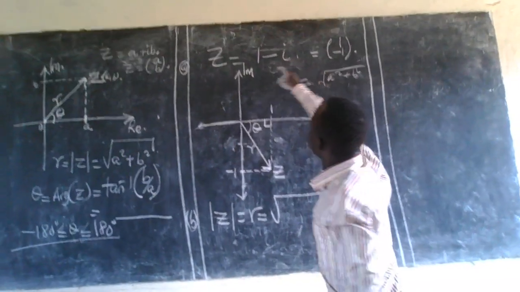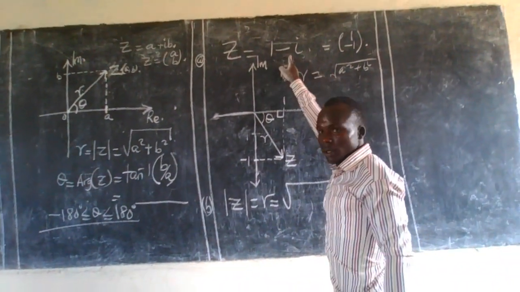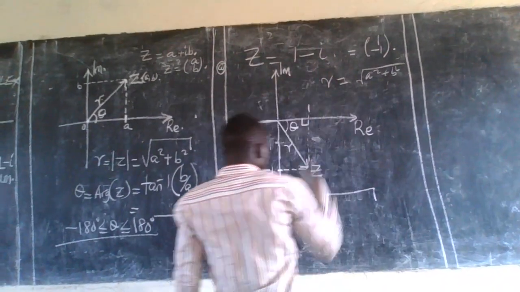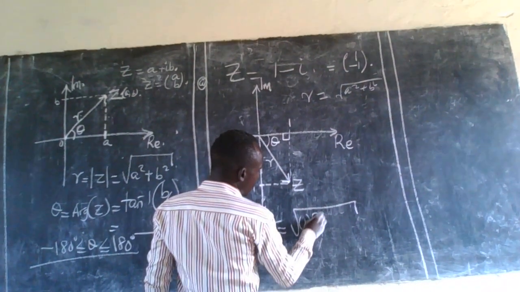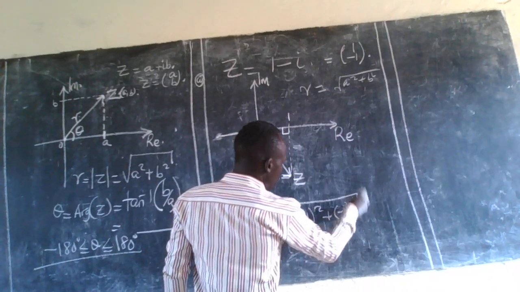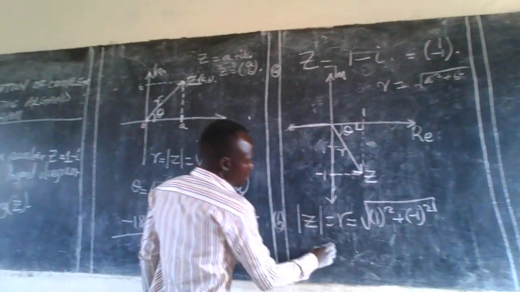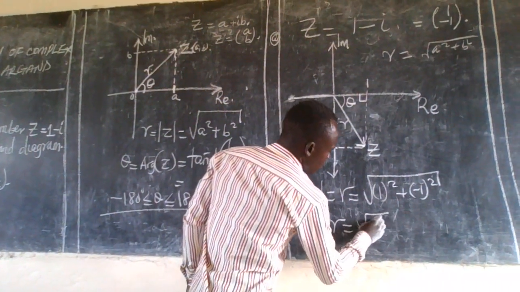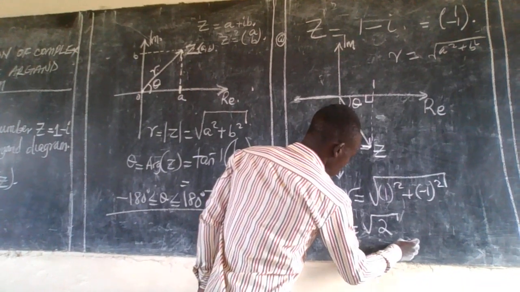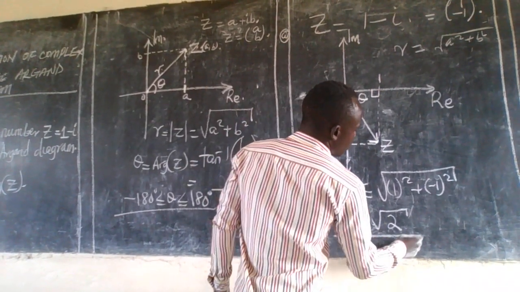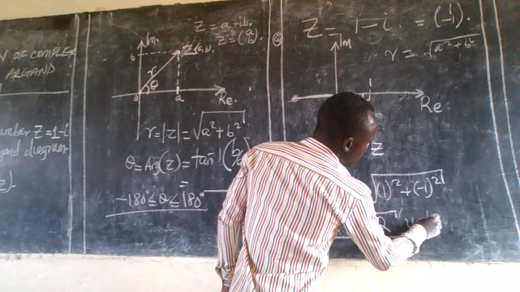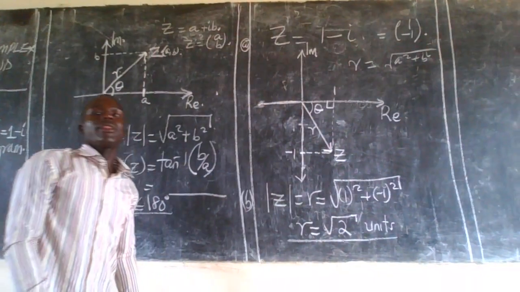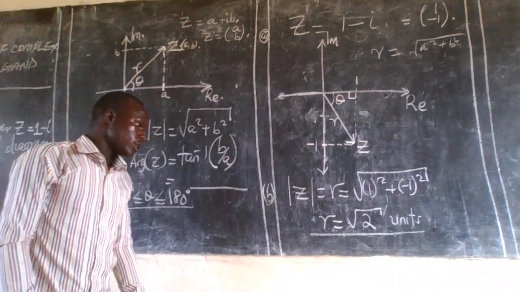Whereby my a will be 1, my b will be negative 1. So r will be equal to the root of 1 squared plus negative 1 squared. Then my r will be equal to root of 2. Modulus or magnitude is in units. Length is measured in units.